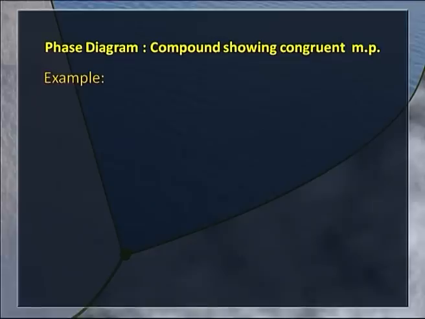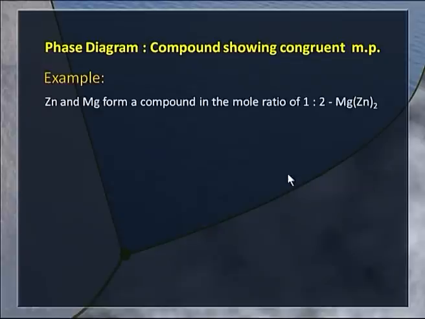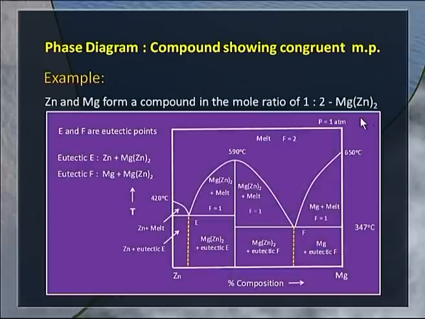Let us look at an example of a system which shows compound formation, and the compound has a congruent melting point. The compound that is formed between zinc and magnesium in the mole ratio 1:2 has the formula Mg(Zn)2. Let us look at the phase diagram of it. The phase diagram gives us the line corresponding to the melting point of various compositions of components A and B, in this case zinc and magnesium.